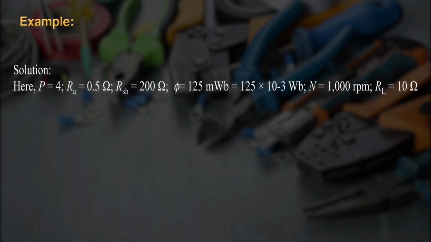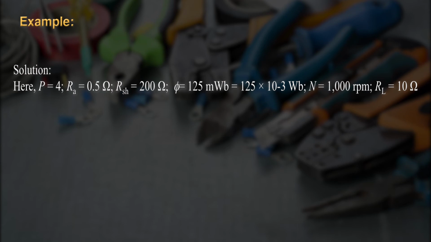So from the given question, just extract what parameters are given. Number of poles is given as 4, so you write P equal to 4, and armature resistance is given 0.5, so you can write Ra is equal to 0.5 ohm. Shunt field winding resistance is 200 ohm, so write Rsh is equal to 200 ohm.